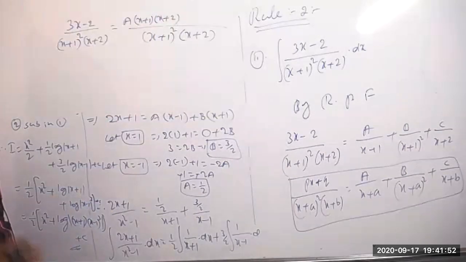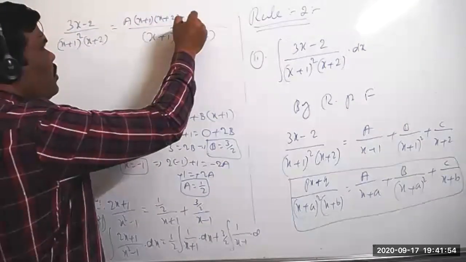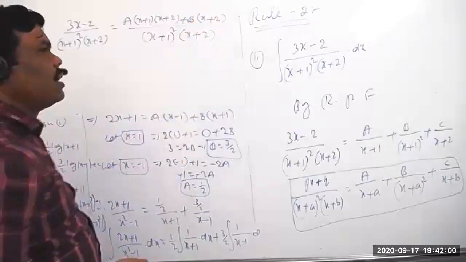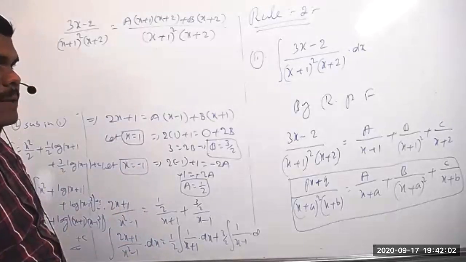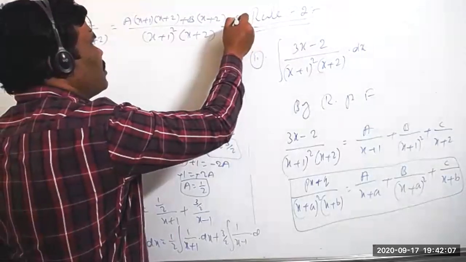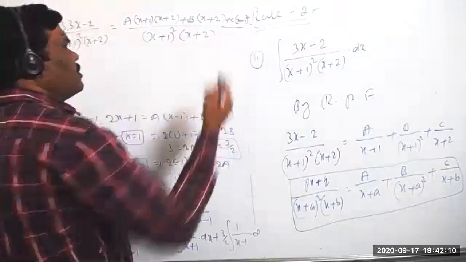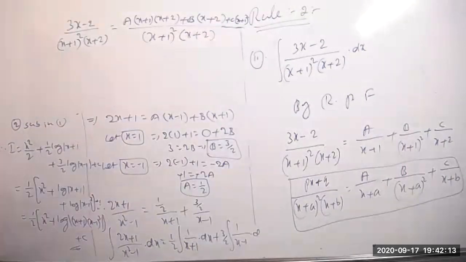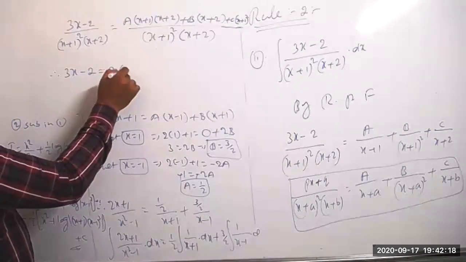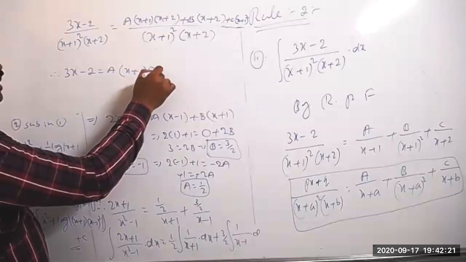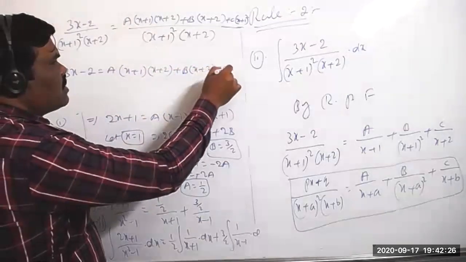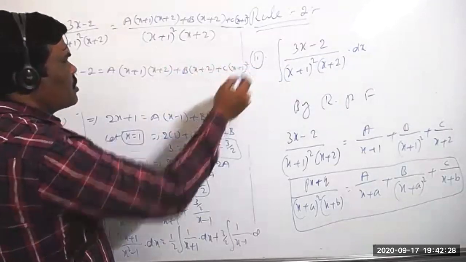Plus b into x plus 2, since x plus 1 whole square is cancelled. Plus c into x plus 1 whole square, since x plus 2 is cancelled. Now the denominators are equal, so the numerators must be equal. Therefore 3x minus 2 equals a into x plus 1 into x plus 2 plus b into x plus 2 plus c into x plus 1 whole square.